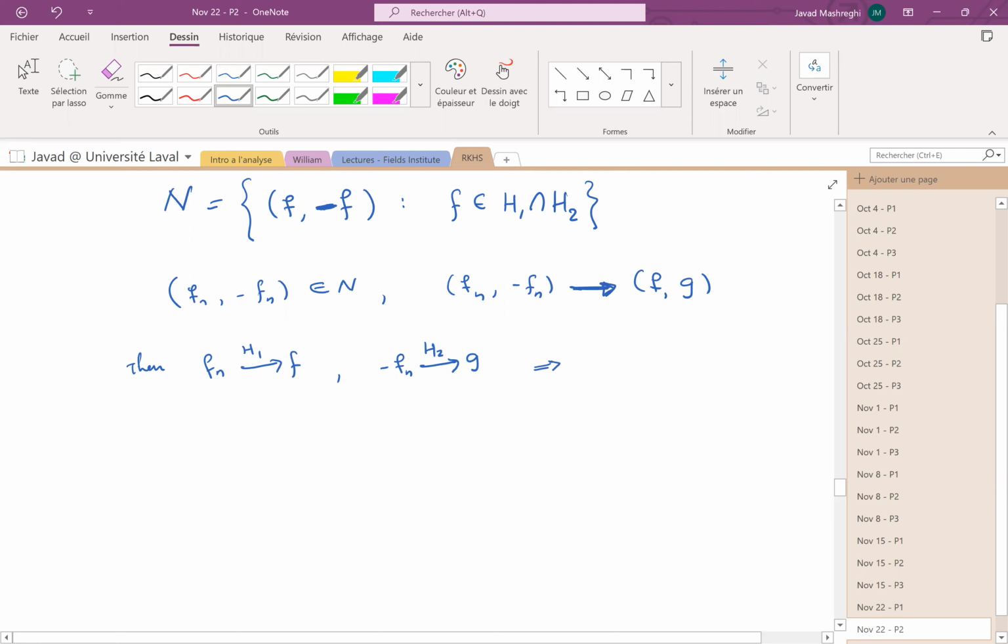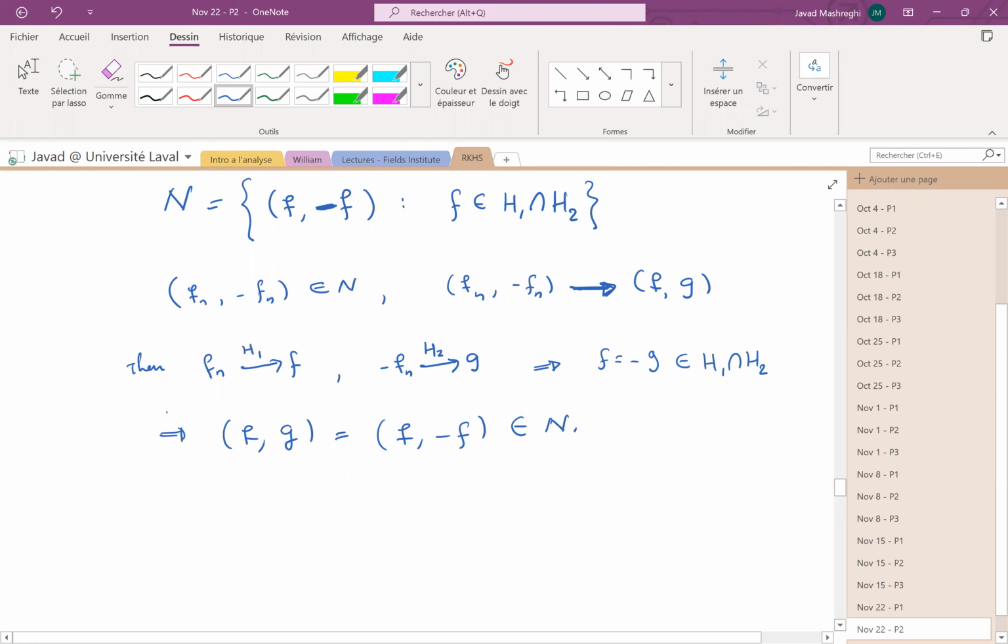And therefore, this implies that f is equal to minus g, but f was in H1, g was in H2. So this is in H1 intersection H2. And therefore, the pair f and g is the same as the pair f, minus f, and stays in it.